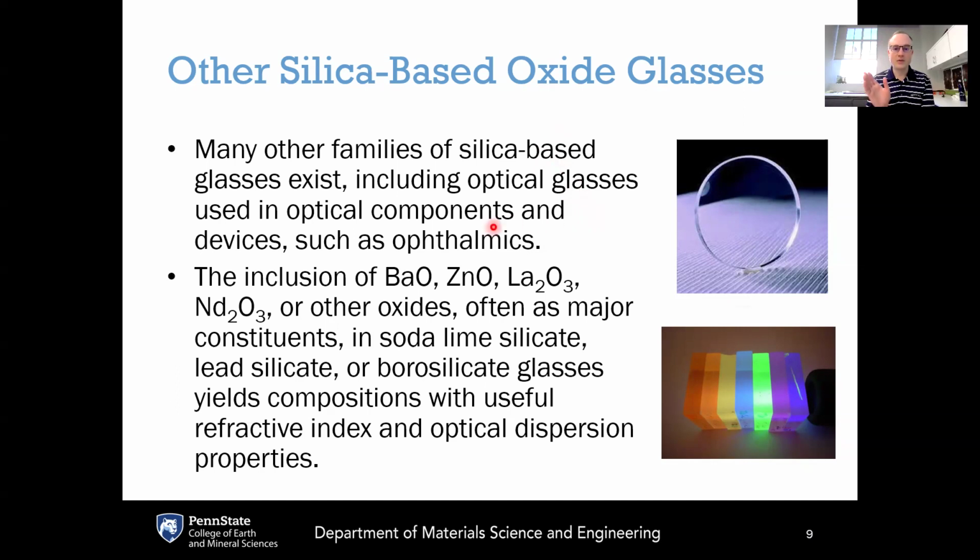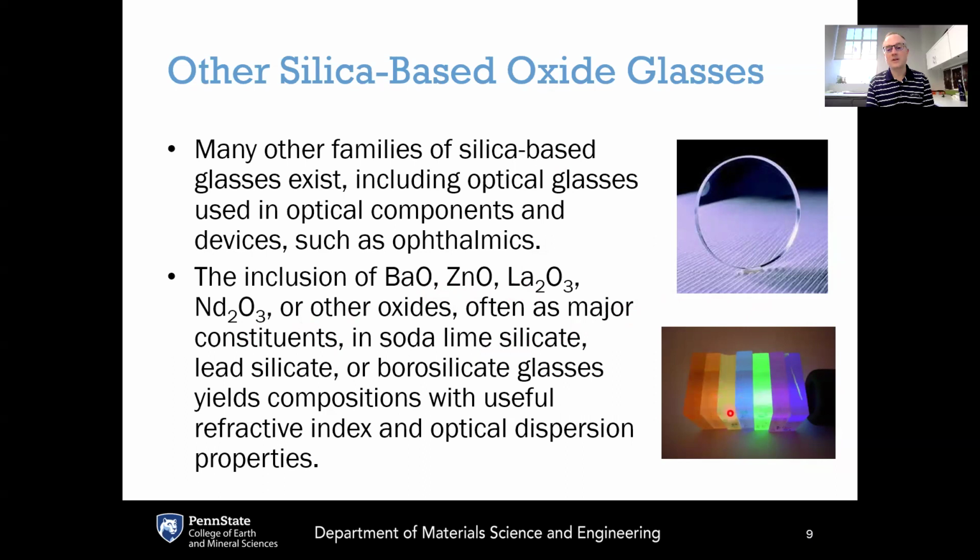And we have both oxide glasses that incorporate silica, as well as oxide glasses that don't incorporate silica. Some of the other components that we can add include barium oxide, as I mentioned. This was to increase the refractive index of the glass. Zinc oxide is another component that is sometimes used. Lanthanum oxide, neodymium oxide. These can make fluorescent glasses.